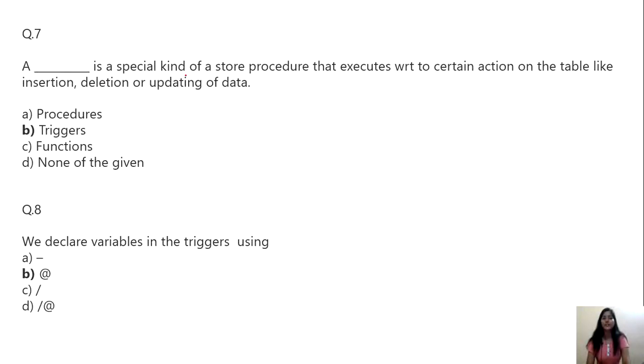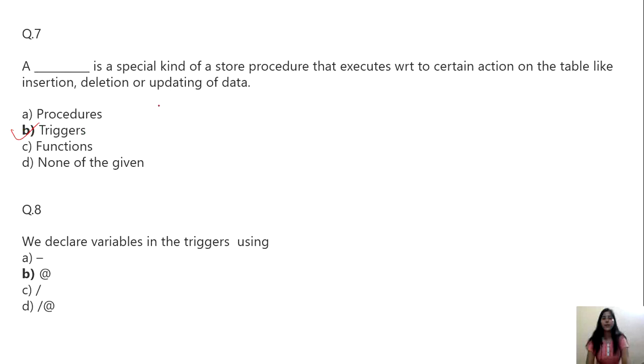A dash is a special kind of stored procedure that executes with respect to certain actions on the table, like insertion, deletion, or updation of data. So what is the correct answer for this one? Trigger, right? So make sure to study about triggers also. They are also very important for sure with respect to the exam, and in interviews also.